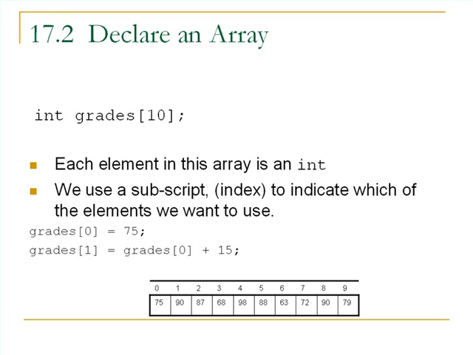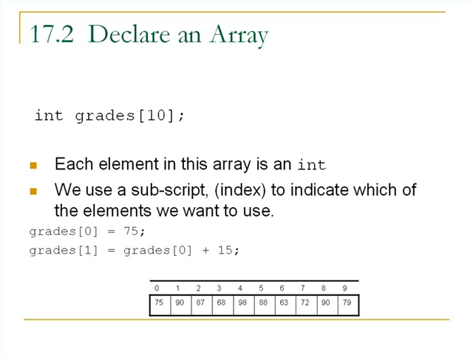For example, the first one in the array is grades sub 0. This is the first thing to remember about an array. In C, the first one is always at subscript or index 0. If we have an array of 10 elements, the subscripts range from 0 to 9.